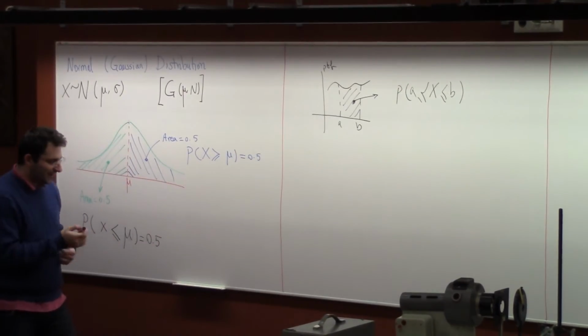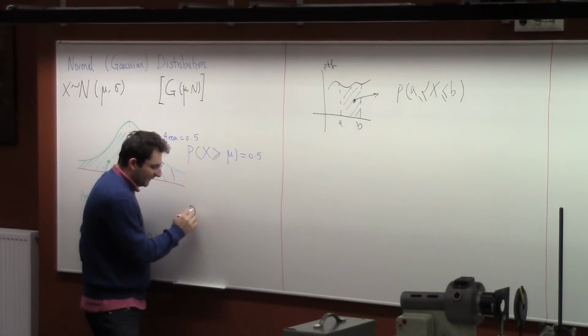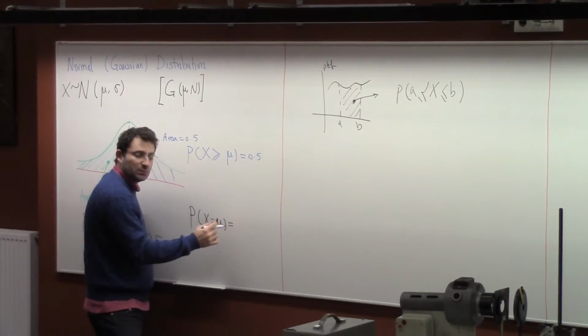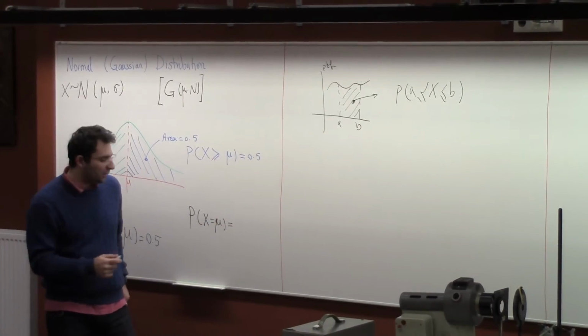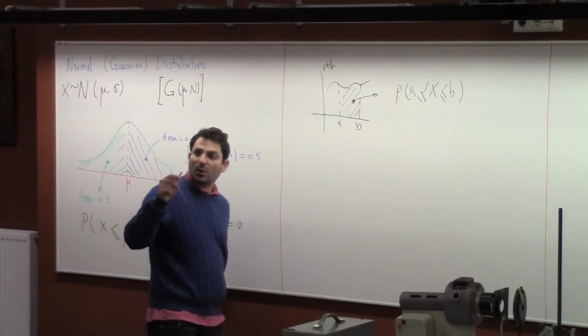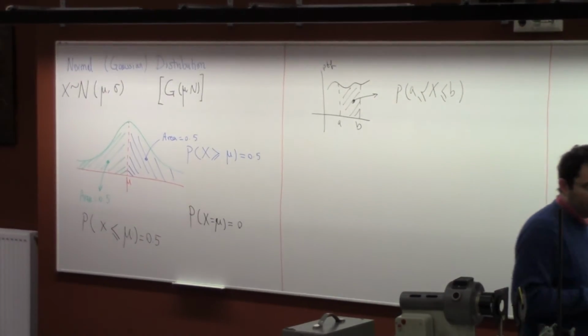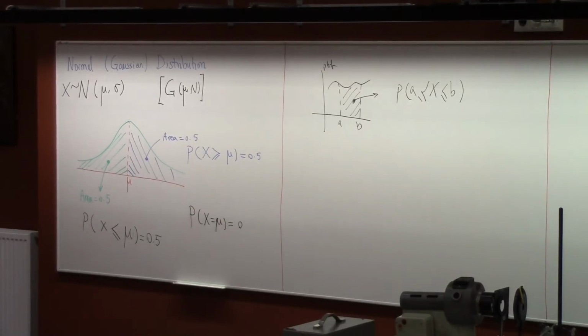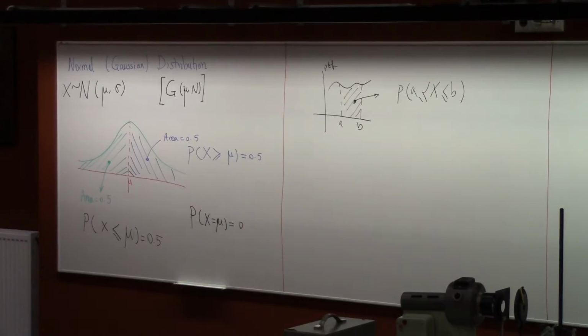And obviously, we can all understand that the probability of x equal to mu is 0, because the area underneath one point is 0. We knew this because it's symmetric around the mean.